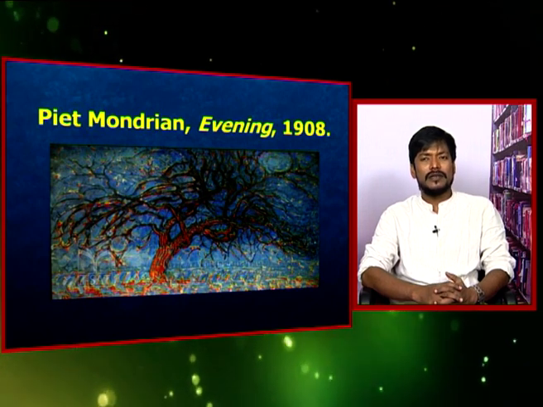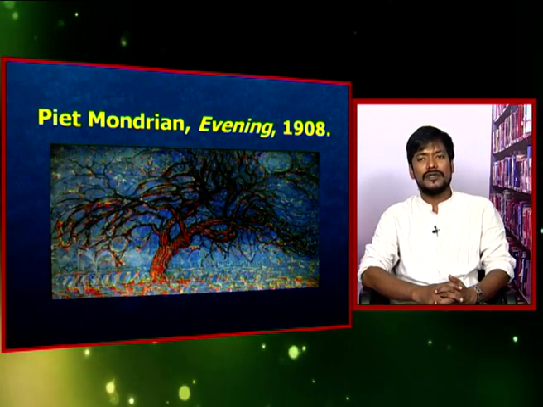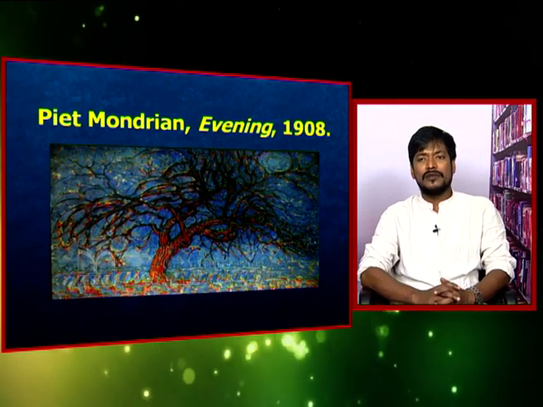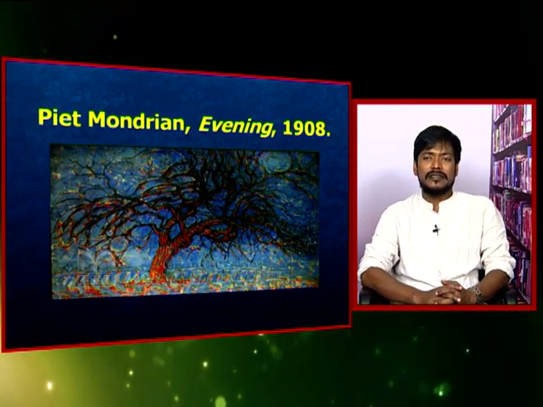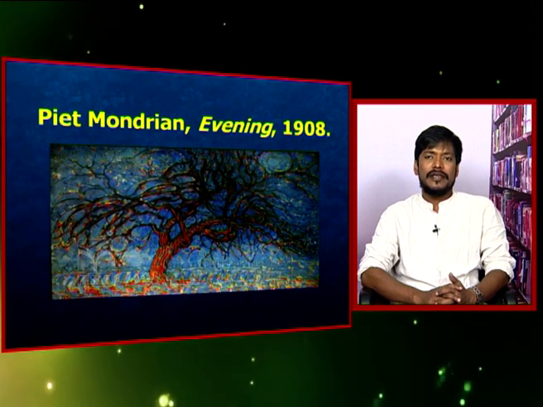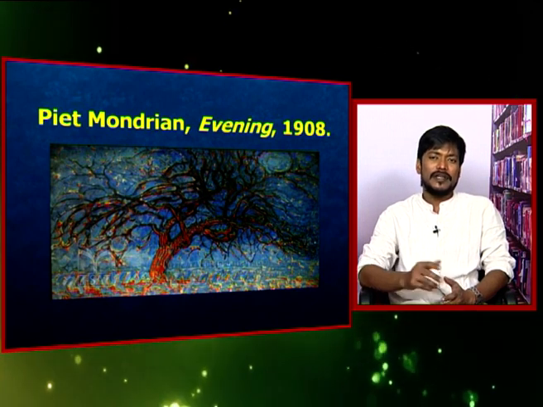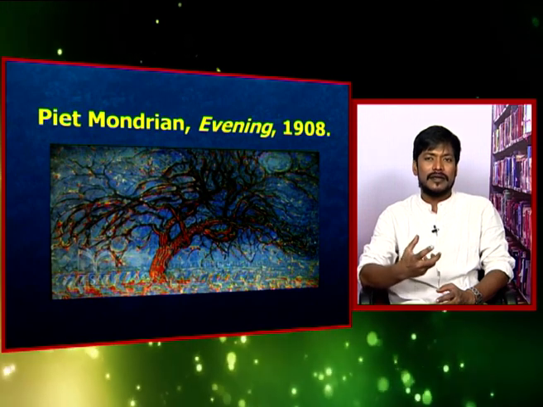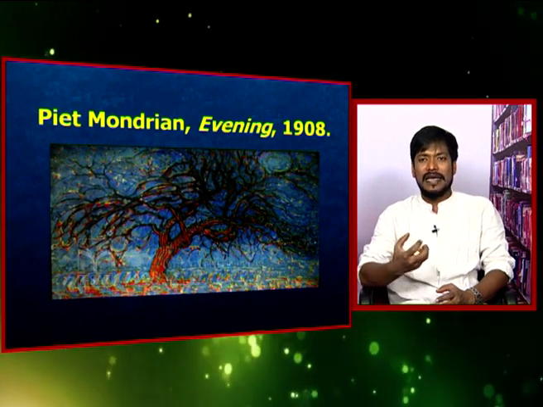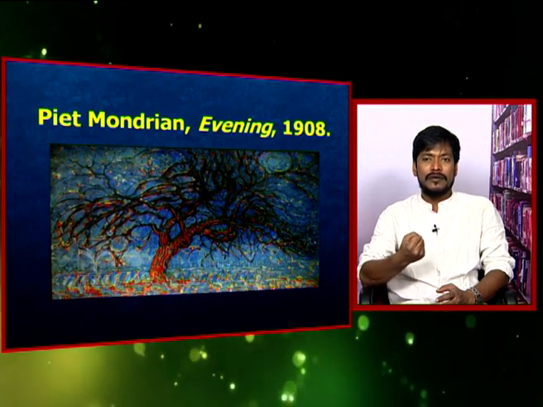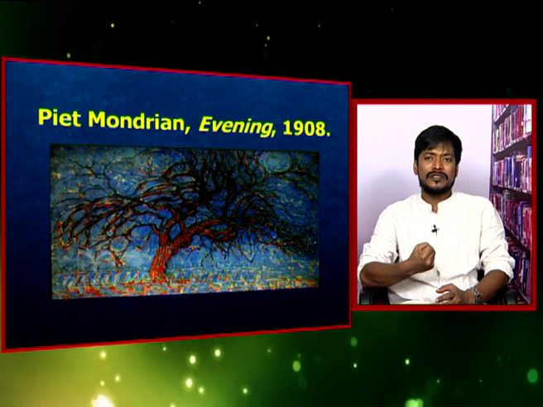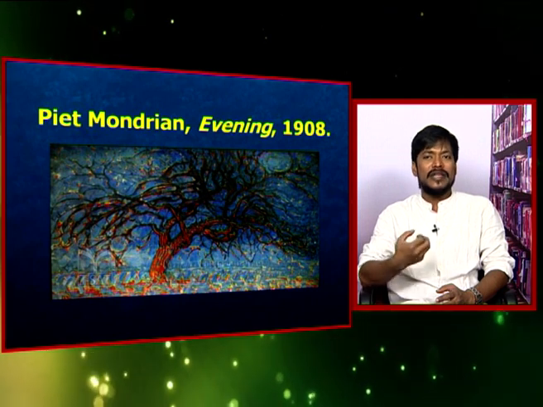Otherwise, he was painting largely in a post-impressionist painterly language, and you can see this painting, 1908, is an early painting, and he painted this tree several times, and one can understand abstraction. He abstracted the fundamental elements of painting through nature.